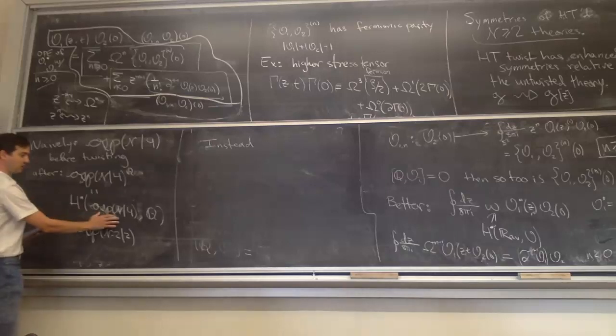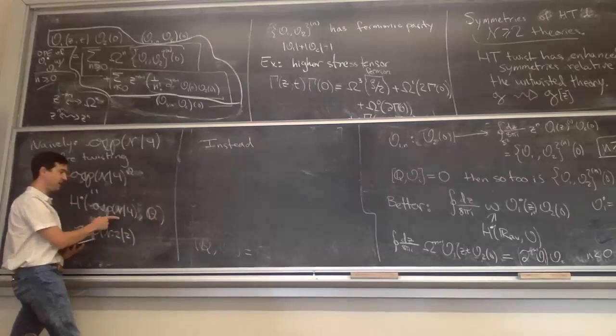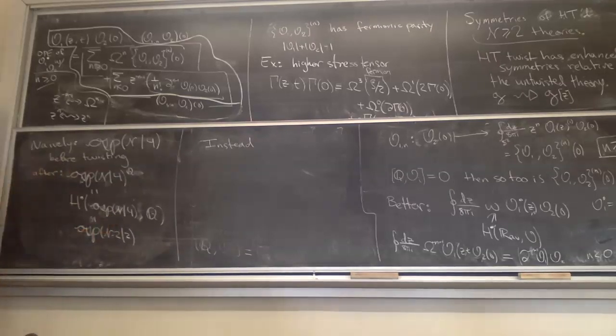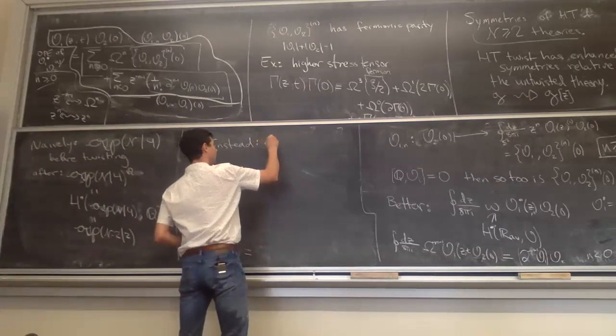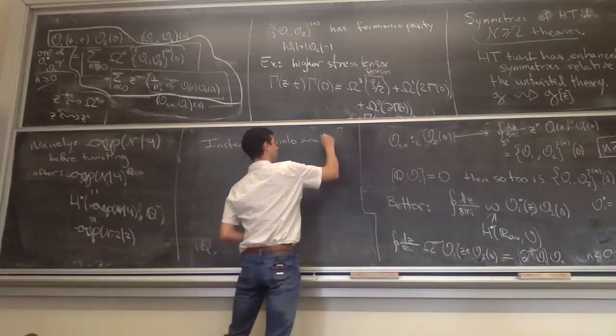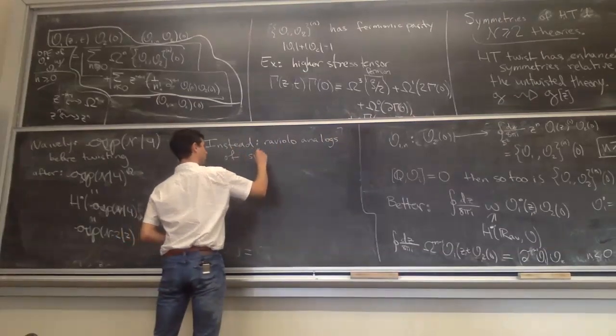This Lie algebra, I've got a distinguished nilpotent element Q, and I'm taking the cohomology with respect to the adjoint action of Q on OSP n/4. So instead, we find raviolo analogs of superconformal algebras.